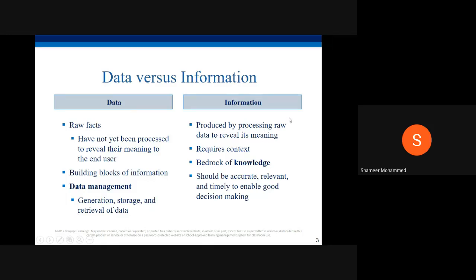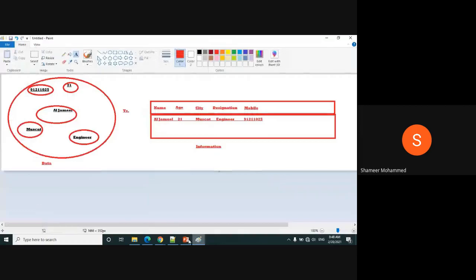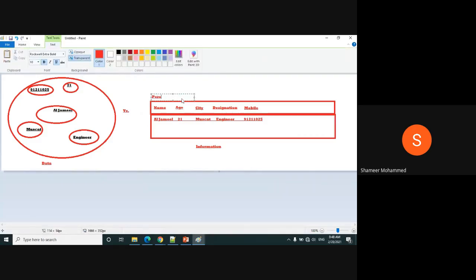So information is produced by processing the raw data. So you have this raw data. After you process it, it gives you the meaning. So here, by taking this data, I have told that this is the database or this is the information of a person or an employee.